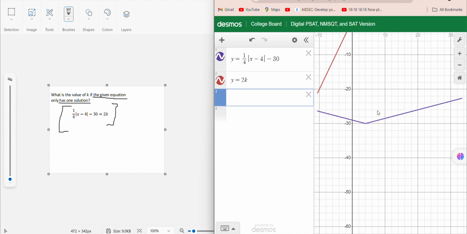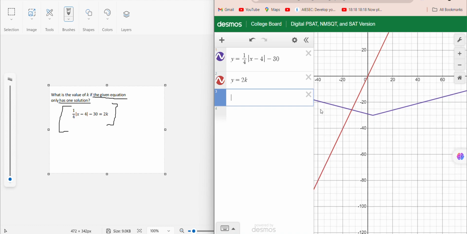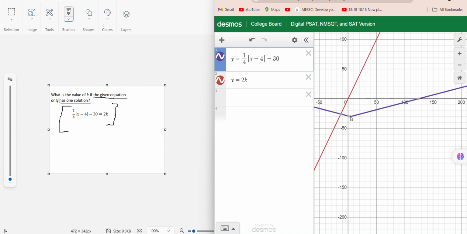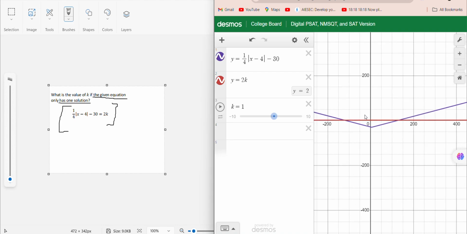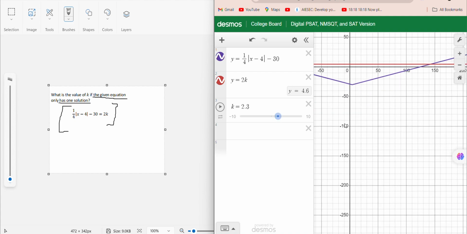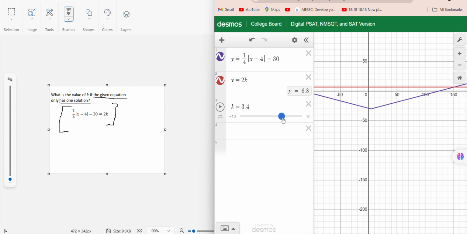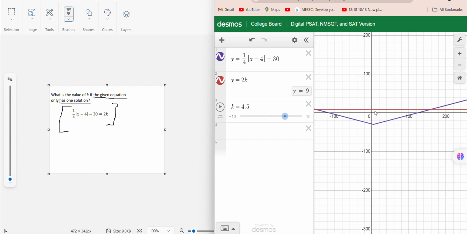Now let us see for which value of k we have one solution. Now let us use the slider. When we move k in the positive direction, our graph y equals 2k moves upward, so it cannot be our required value. So we have to move k towards the negative side.